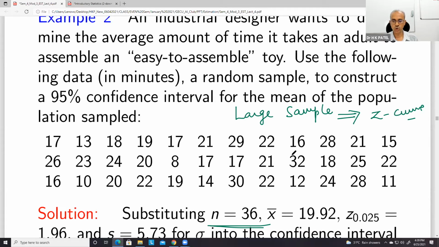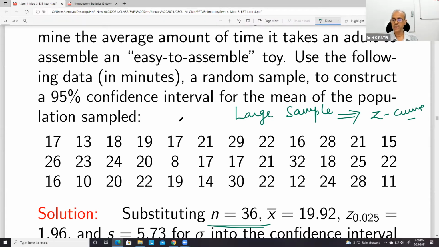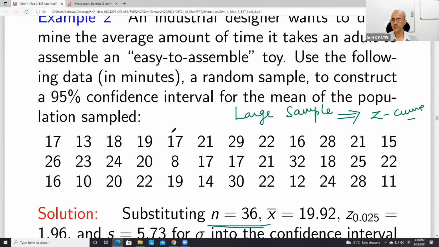Though here the standard deviation is not given, even then we will use the Z curve. In place of sigma, we use the standard deviation obtained from the sample. That is called the sample standard deviation. All right.